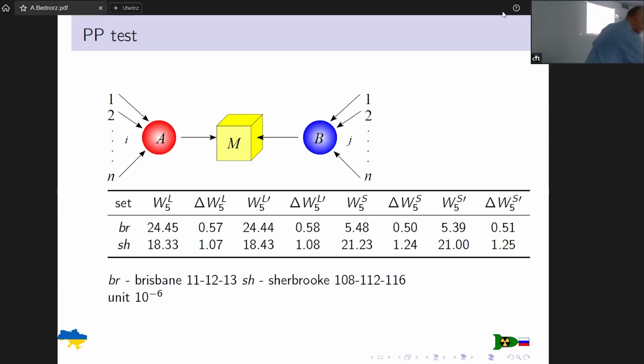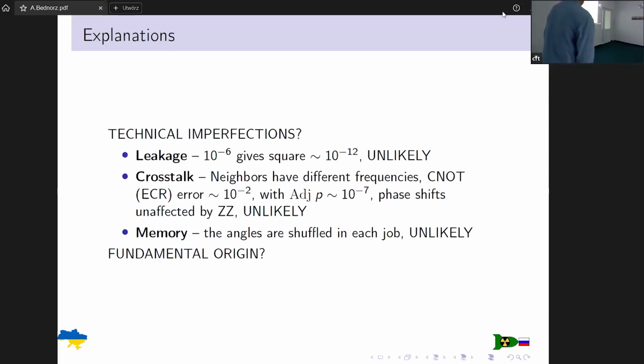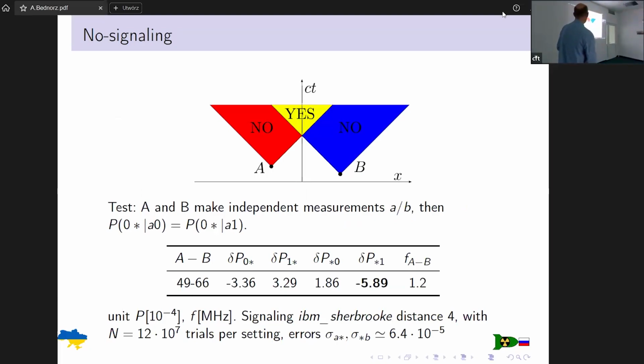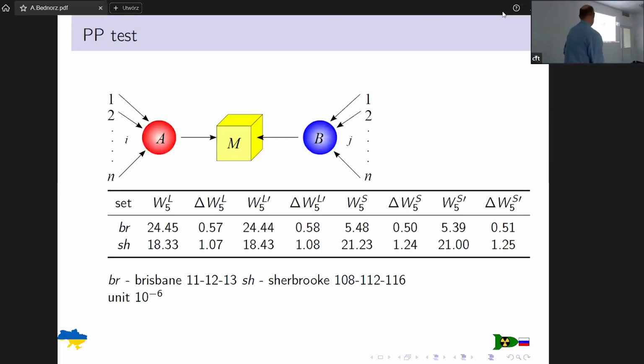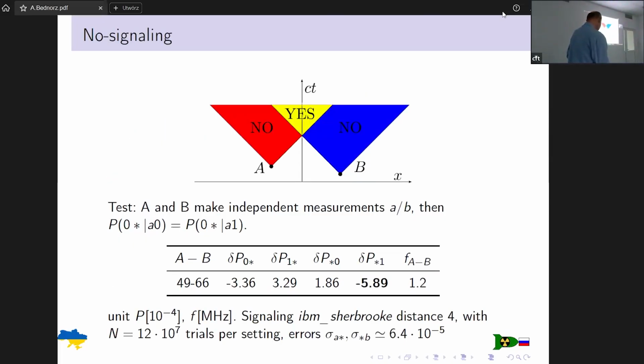Maybe one thing that I prepared. In this last no-signaling test, when we put it on arXiv, Simon Storz, from the Wallraff group in Zurich, told us that they want to beat us. Here it's 120 million, and they will do an experiment with $500 million, so a bit more.